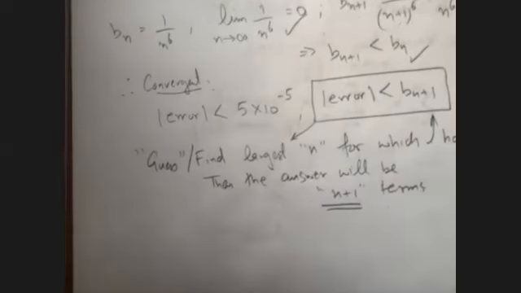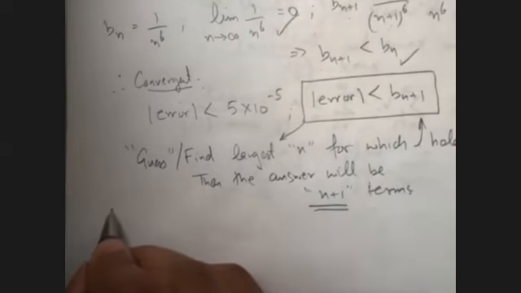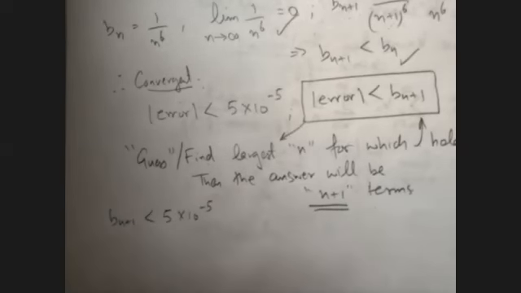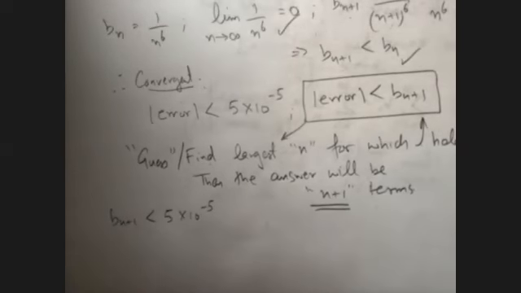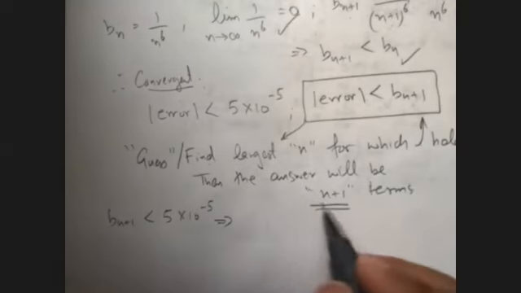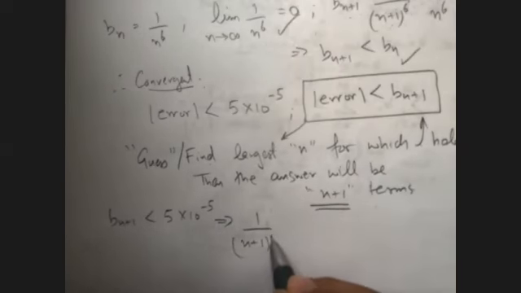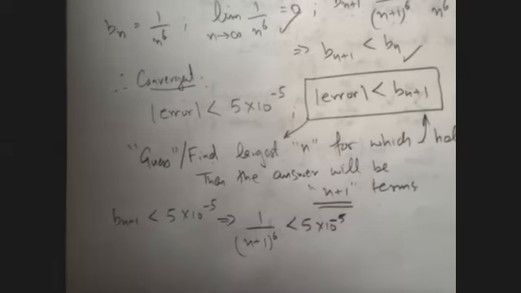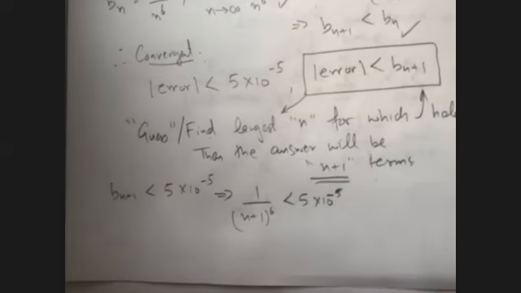So what this means is we have to find n such that Bn plus 1 should be less than 5 times 10 to the negative 5. Now you can guess some n values and check that.